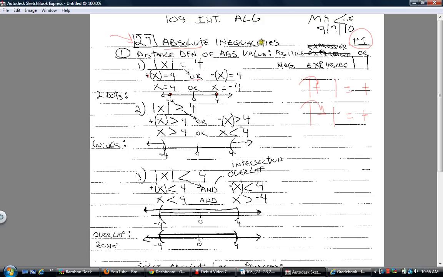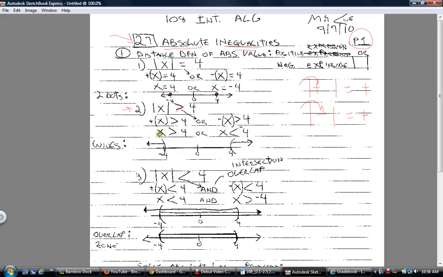Now we're dealing with inequalities in this section, so we are going to have greater thans and less than symbols in here. And so let's look at the next case here. Let's deal with the absolute value of x now is greater than 4. Okay, now remember, there can be a positive value going inside the chamber or a negative value. Okay, now I like to list those, and there's the or.